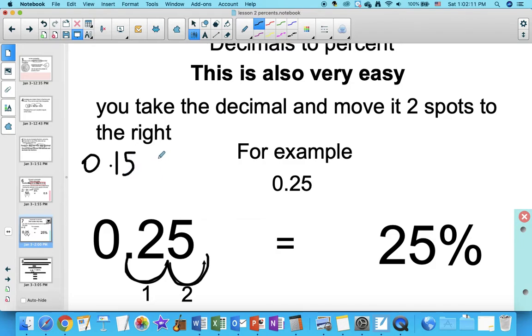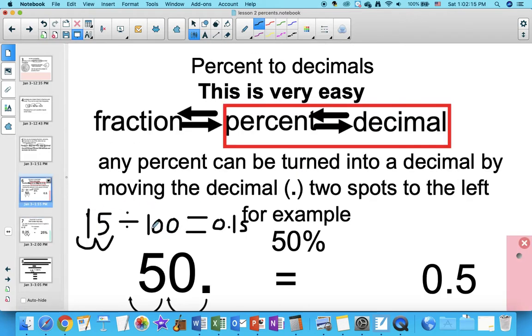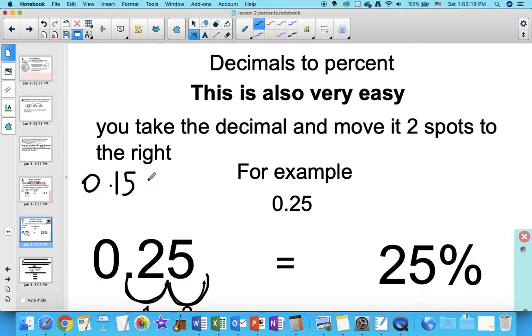Previously, when we were moving the decimal over this way, we were dividing by 100. But now we're doing the opposite, so the opposite is multiplying by 100. When you multiply by 100, you count the number of zeros, but instead of moving to the left, you move to the right. So 0.15 is 15%. And that's it. That's really easy.